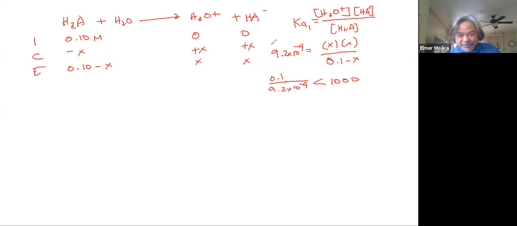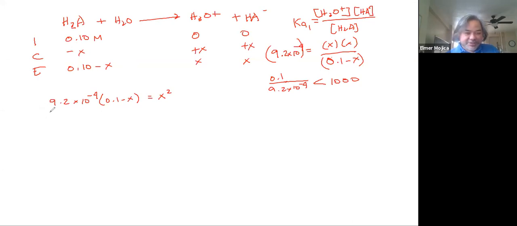So you multiply across and end up with 9.2 times 10 to the negative 4 times 0.1 minus X equals X squared.